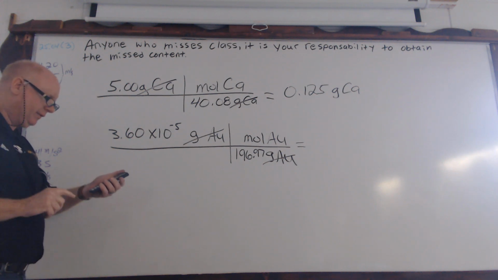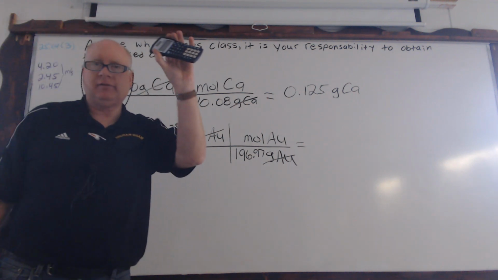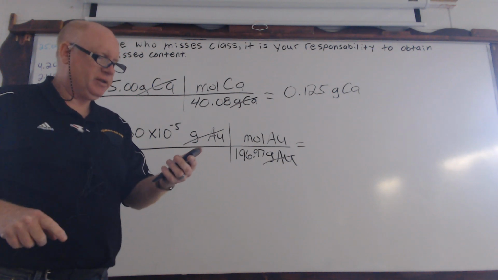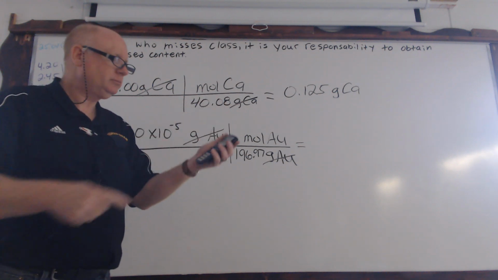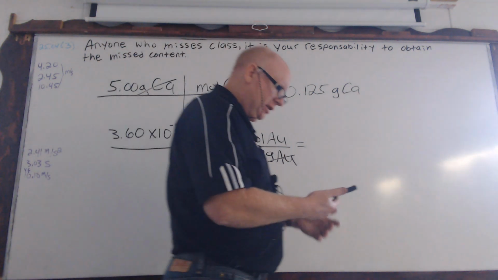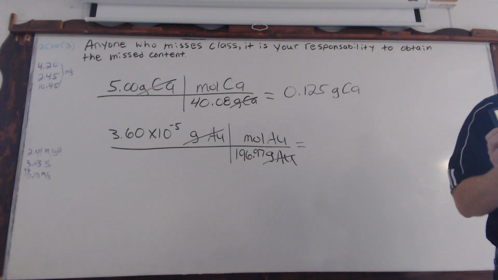If not, that's fine. If you have a calculator like this, hit your second function, second button, it's in the upper left-hand corner here. And what that does is, for instance, where you see sine, cosine, and tangent, when you hit the second, look at those 3 buttons.